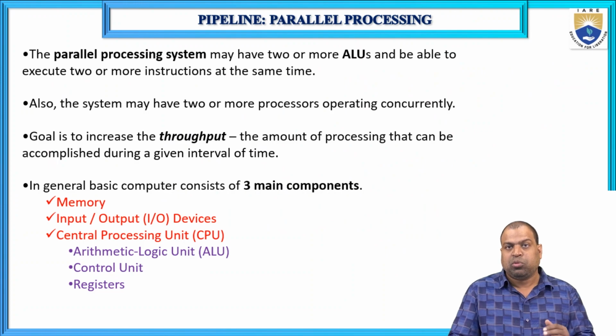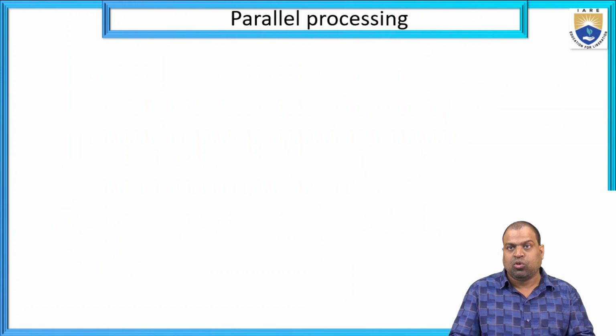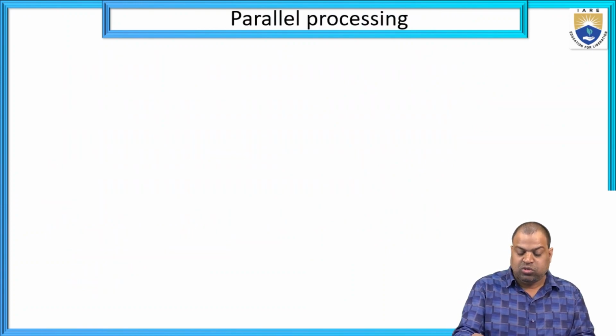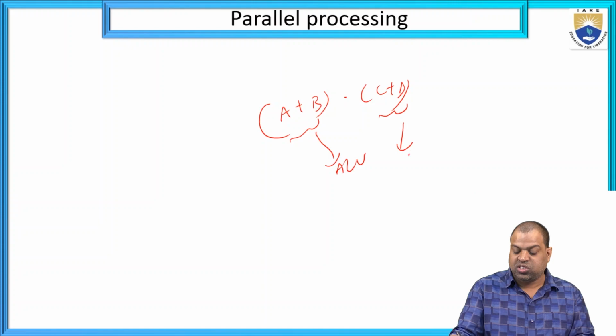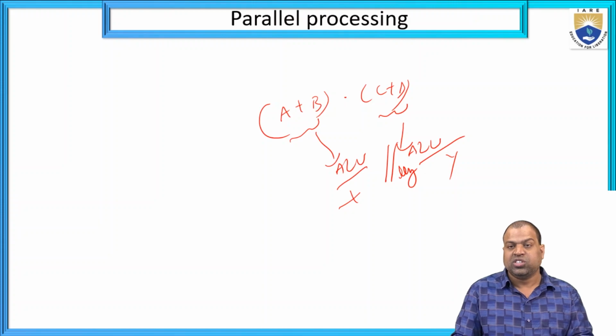So when multiple operations, multiple sub operations are going on at a time, definitely I have to use multiple ALUs. Suppose A plus B into C plus D. A plus B is performed by one ALU, and C plus D is performed by another ALU, parallelly. At a time the A plus B result will be generated and the C plus D result will be generated.